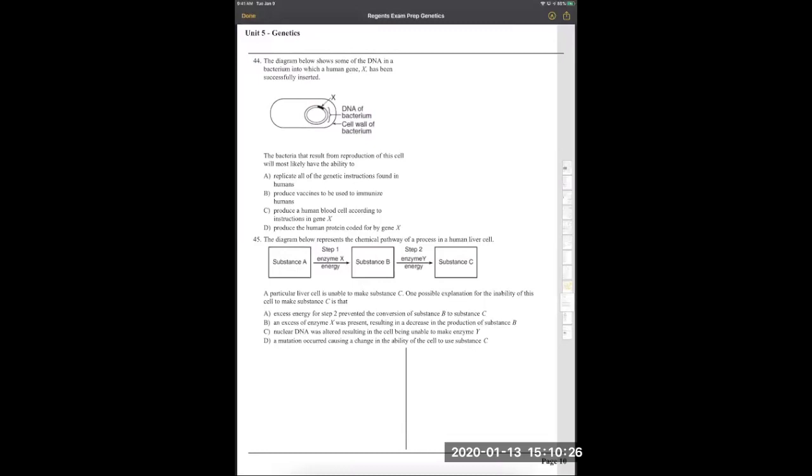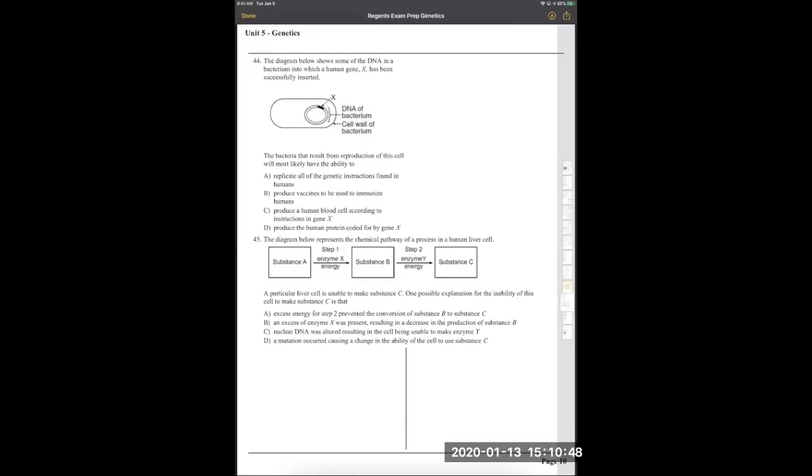The bacteria that result from reproduction of the cell will most likely have the ability to replicate all of its genetic instructions found in humans.